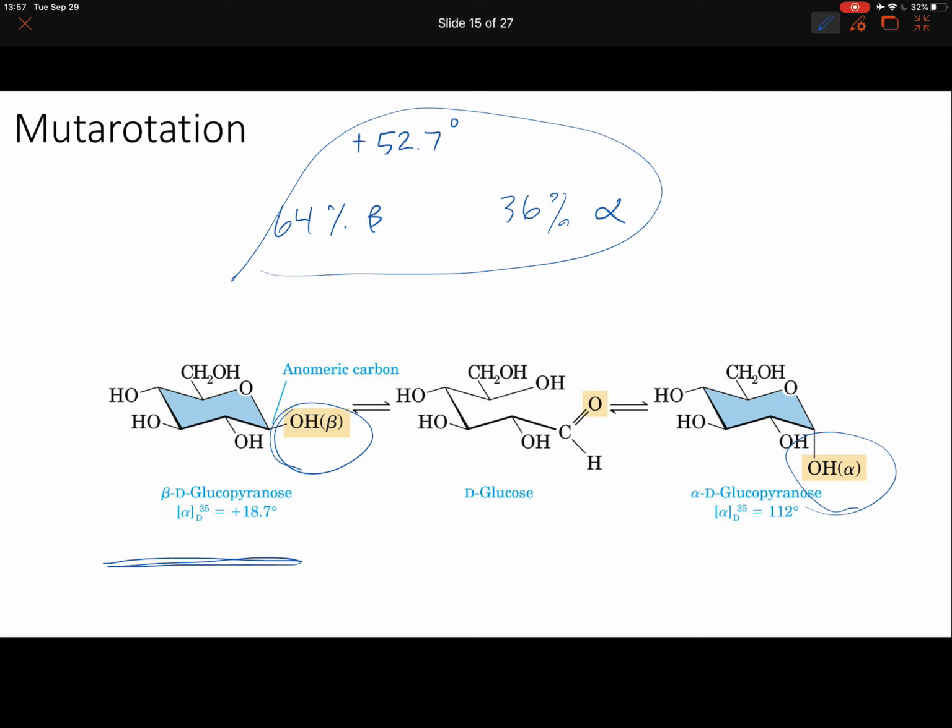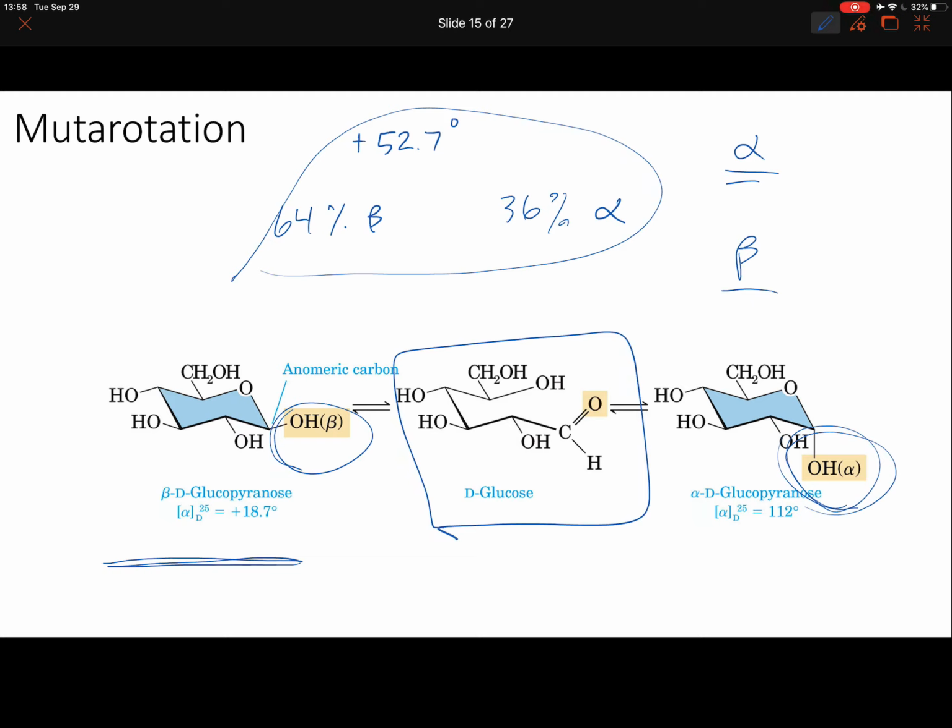Because what we're starting with is a pure all alpha or all beta, and instead we get an equilibrium value that corresponds to what we would get if we had a mixture of the two. So mutarotation is just what I told you earlier, that these molecules can open up again back into their straight chain form, and then they seal up again as a hemiacetal, but the OH can be in a different position.